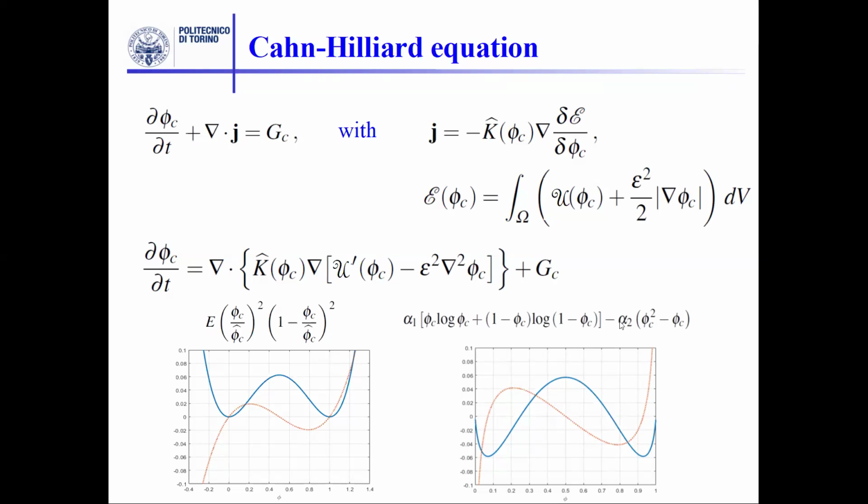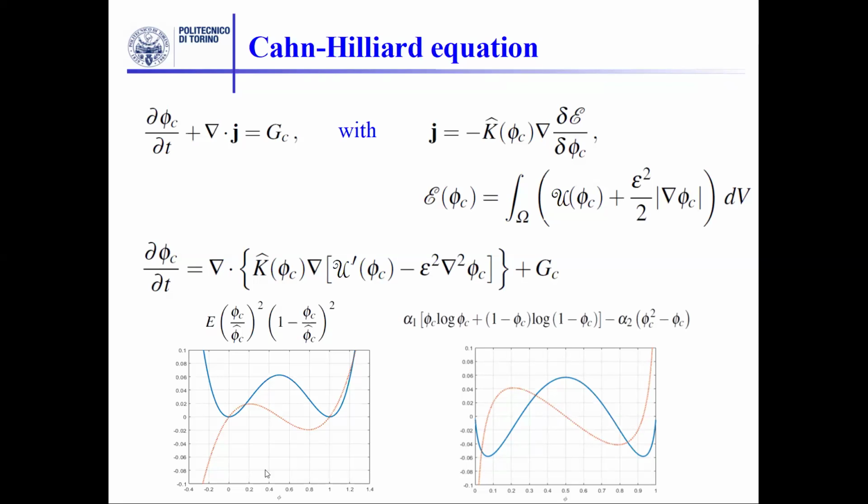Another one that is often used is this one, which has the characteristic of having infinite slope at 0 and 1. This is introduced because, as I mentioned at the beginning, you want to be sure that your state variable is between 0 and 1.